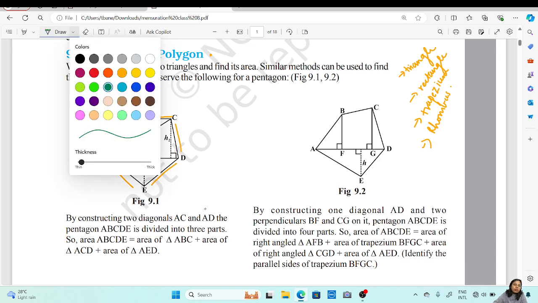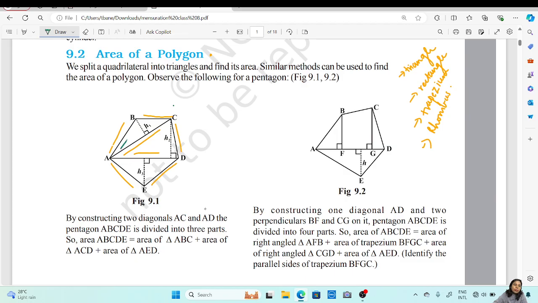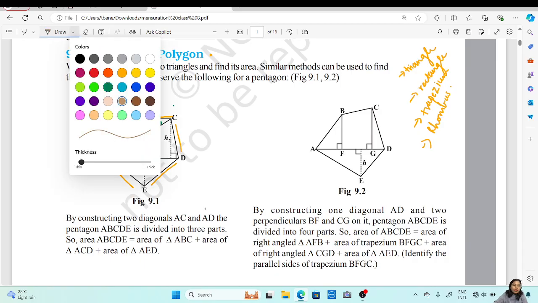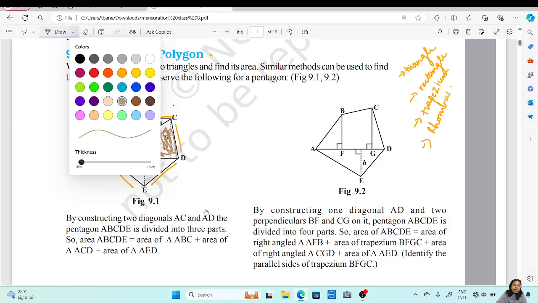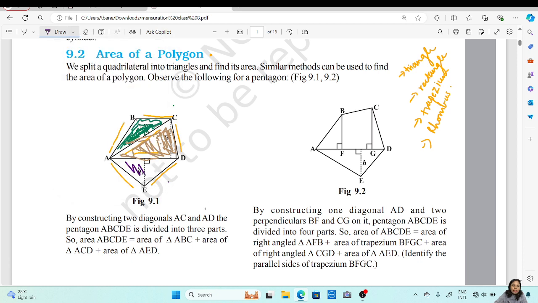Then the area of ACD, this whole part comes under another triangle, and then finally we have this one, that is ADE.